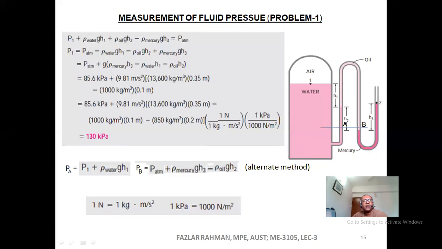If I draw a small circle at point 1, and make a line from the height h1, then both points have the same pressure, right? The pressure here and here is the same, because you see the same fluid, water.